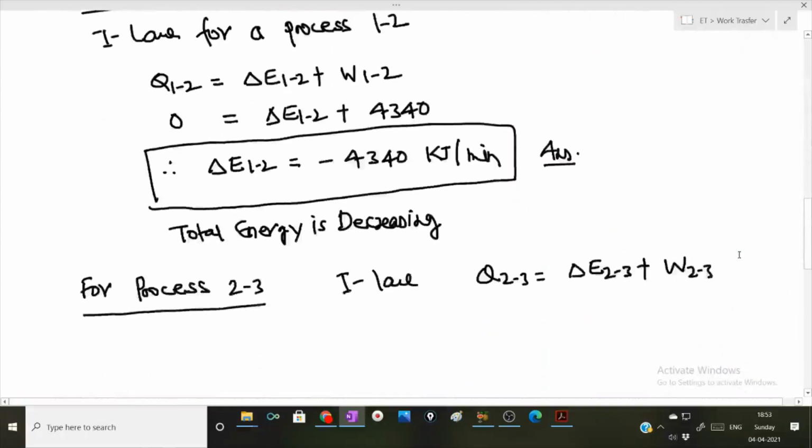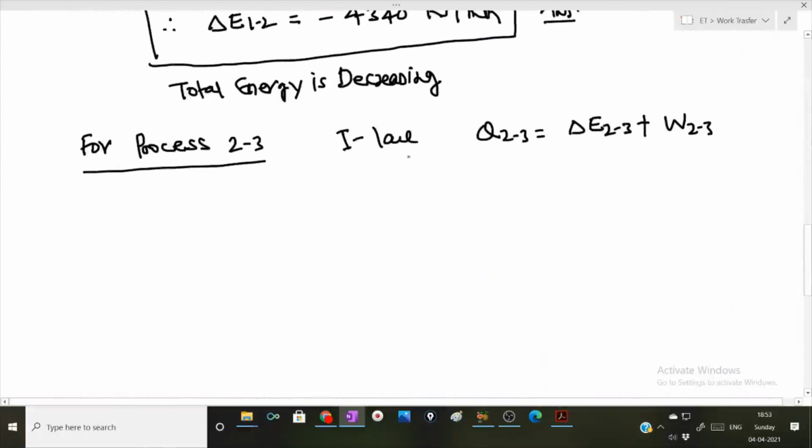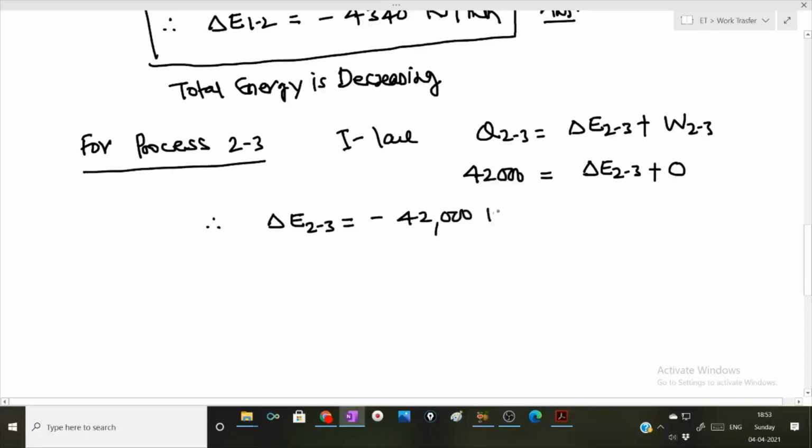So from that I can write Q23 as 42,000 is equal to delta E23 plus W23, which is 0. So from here the value of change in total energy during process 2 to 3, delta E23, will be minus 42,000 kilojoule per minute.